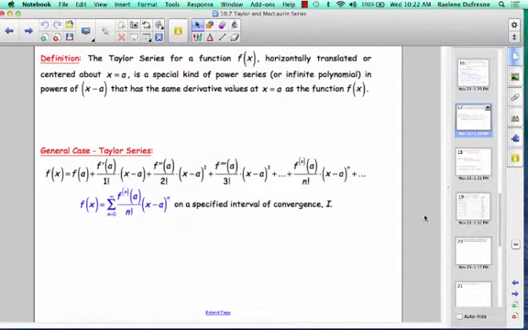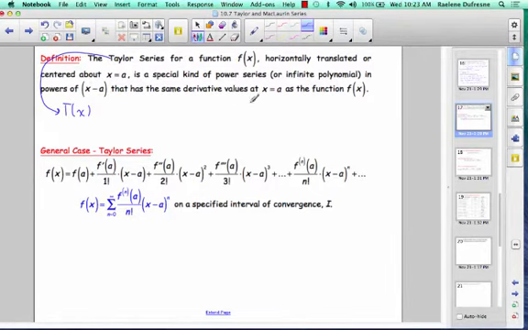We are now ready to define the Taylor series for a function f of x, which can be horizontally translated or centered about any x coordinate, called x equal to a, as a special kind of power series, or infinite polynomial, in terms of the powers of x minus a, so the base of the exponents are x minus a. We want the Taylor series, which we can call t of x, to have the same derivative values at x equal to a as the function f of x.